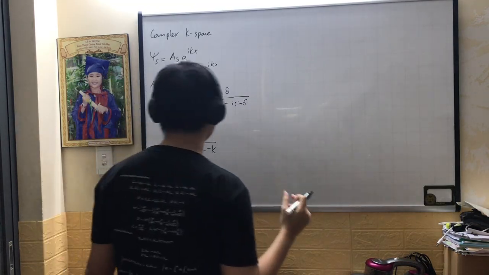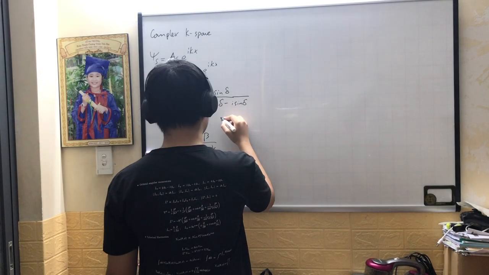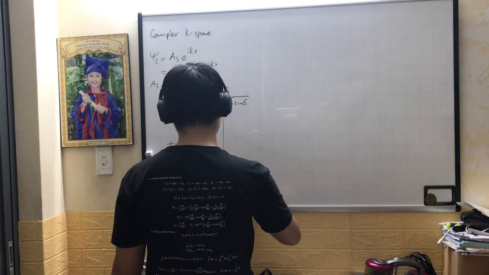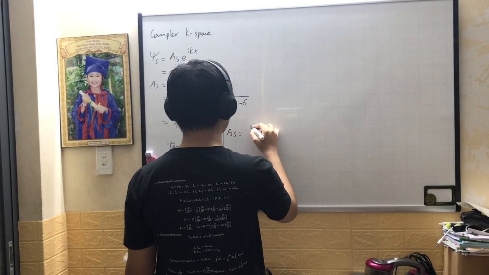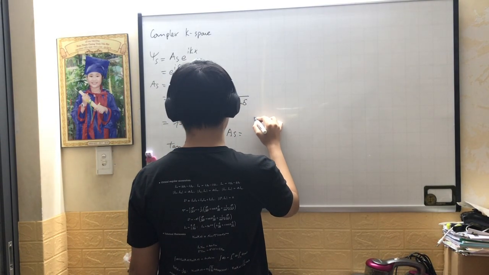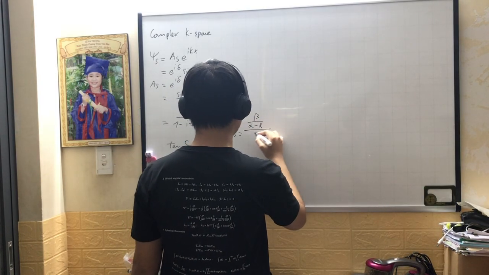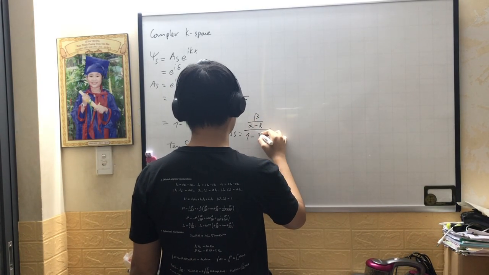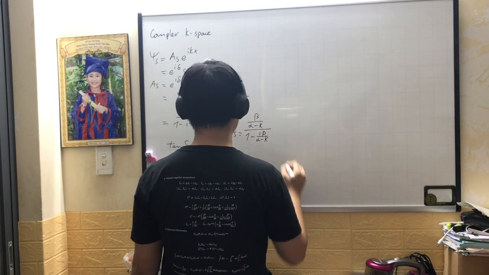Alright, so we are getting somewhere. k is starting to appear now. From here, you rewrite your A as β over α minus k over 1 minus i β over α minus k.